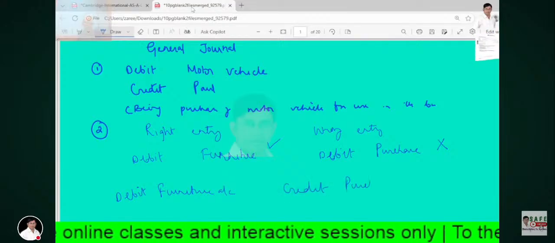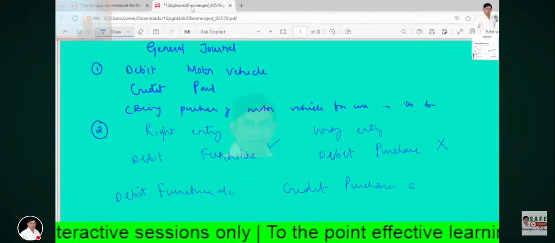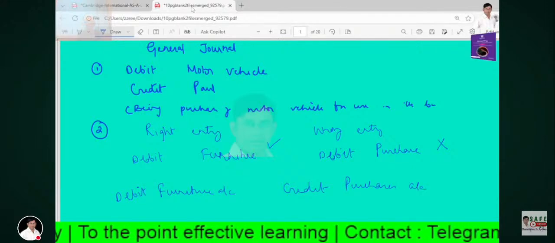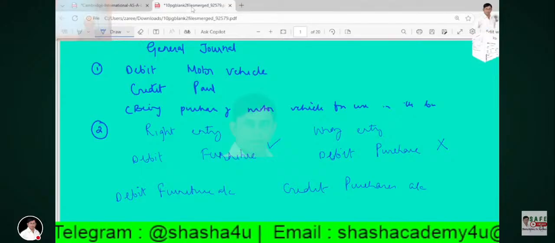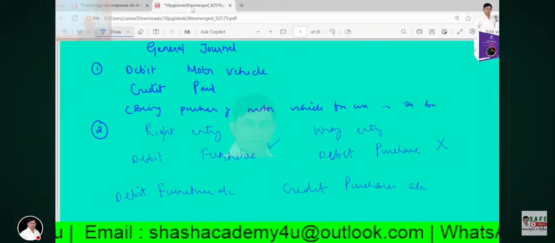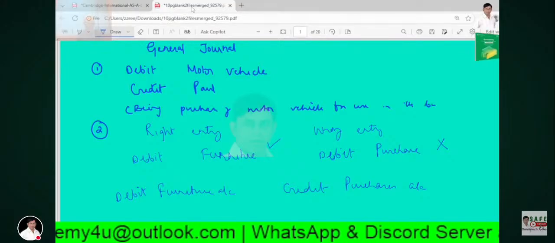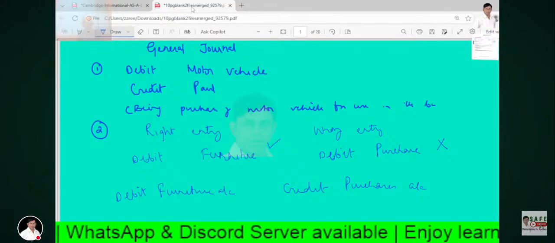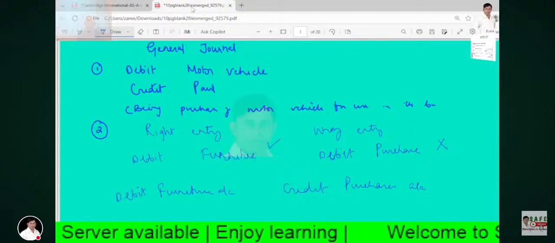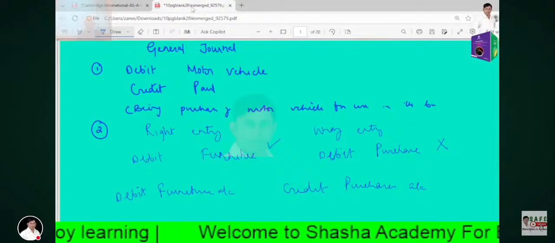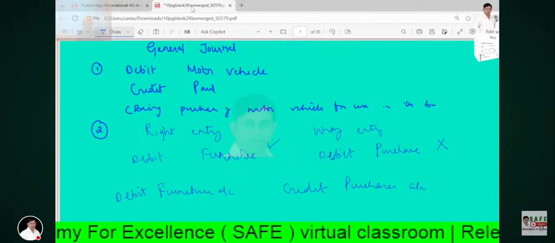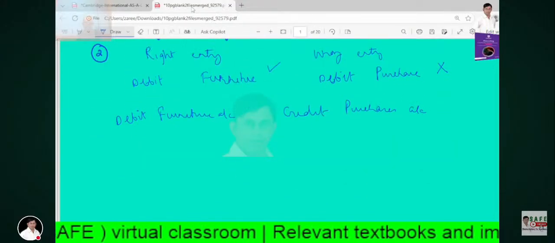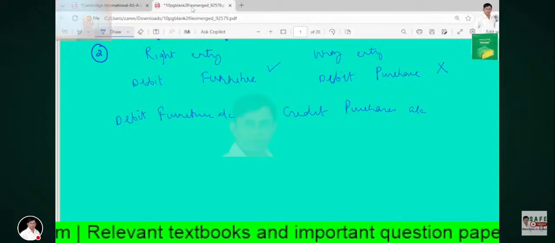When we credit purchase, the purchase which has been debited will cancel out. And we debit furniture because that is the right entry. So the entry will be rectified automatically. Okay, this is the entry. Next.